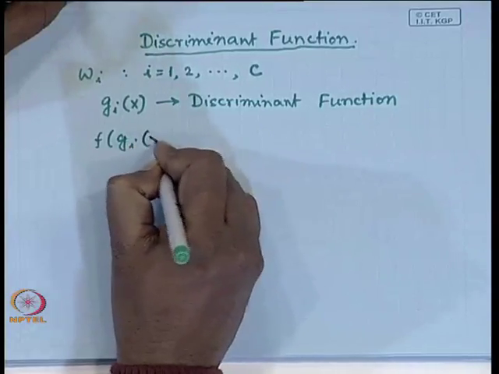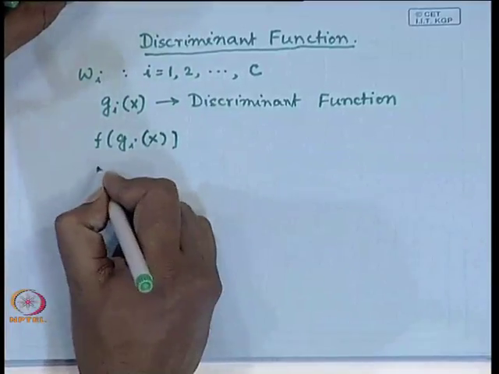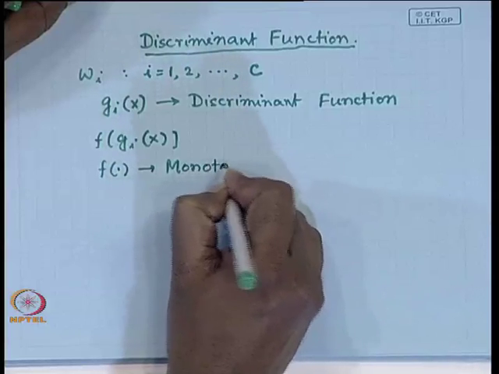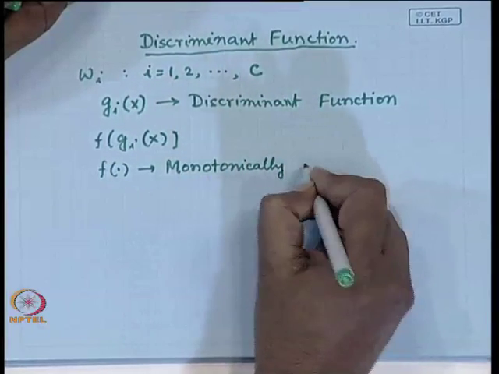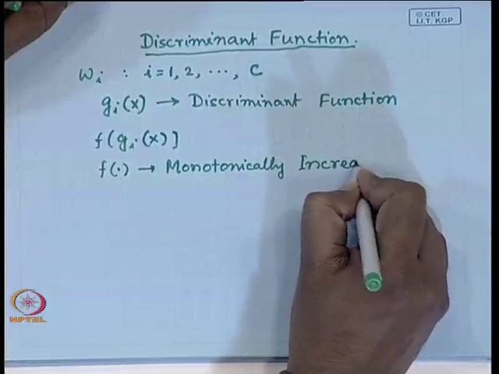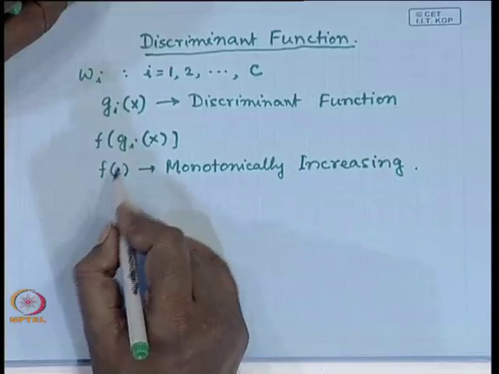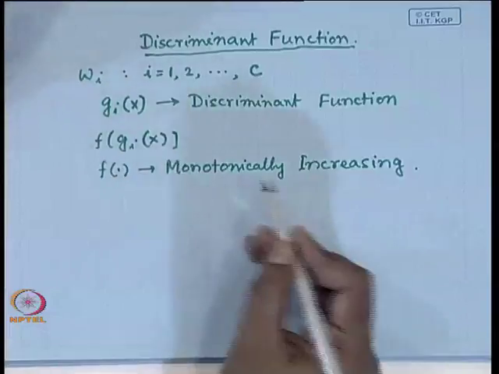If I can identify any function f which is monotonically increasing, then f of g i of x also serves the same purpose as a discriminant function, because for whichever value of i g i of x is maximum, for the same value of i, f of g i of x will also be maximum.